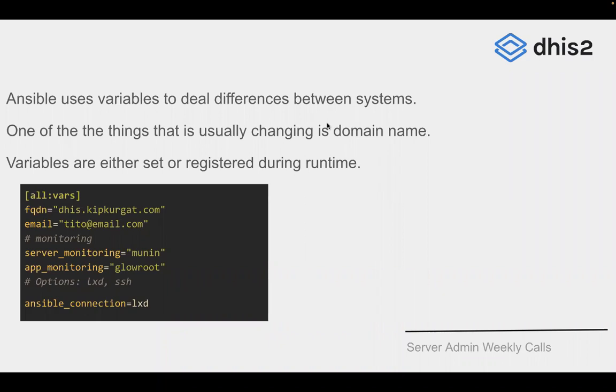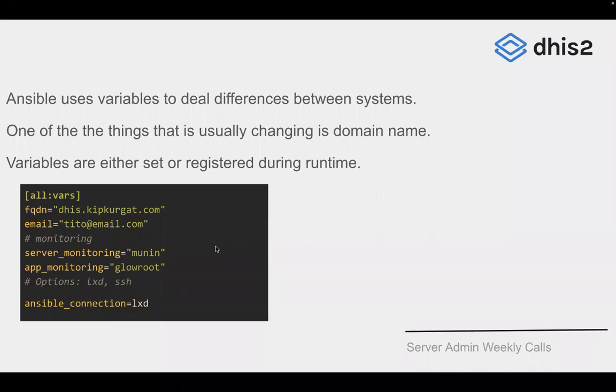This screenshot shows a file where we have defined our variables. This is just an inventory file. It has 5 variables. One is FQDN, which stands for fully qualified domain name.